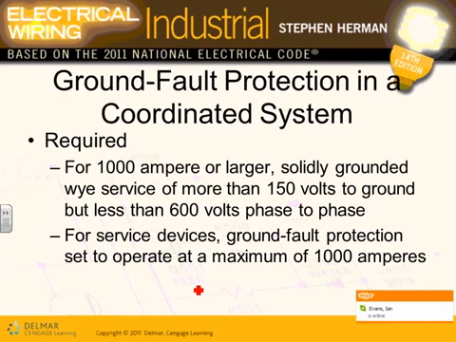Ground fault protection, guys. In the power system, Karen, there are 208/120, there's 480/277, there's 600 volt, some voltages, 240/120. All these systems, guys, are different voltages, different vehicles of delivering power to the equipment.